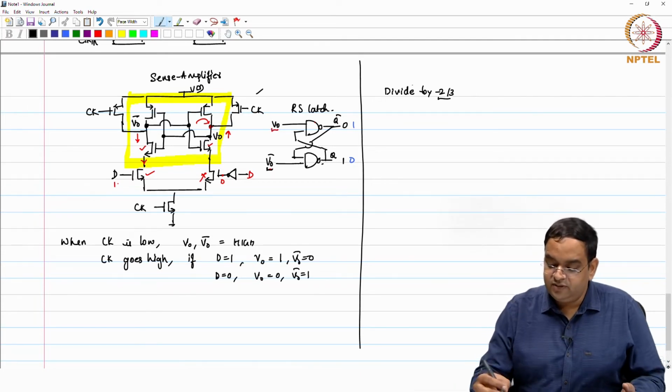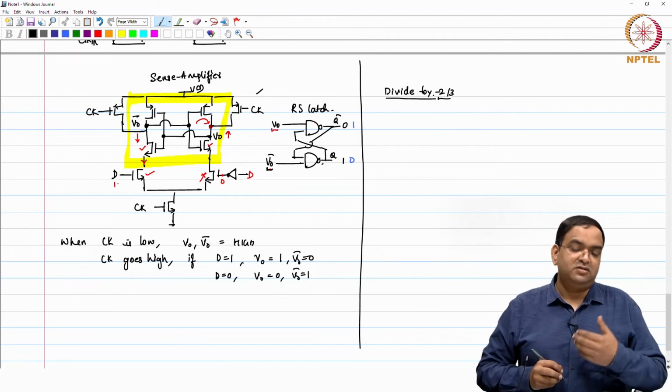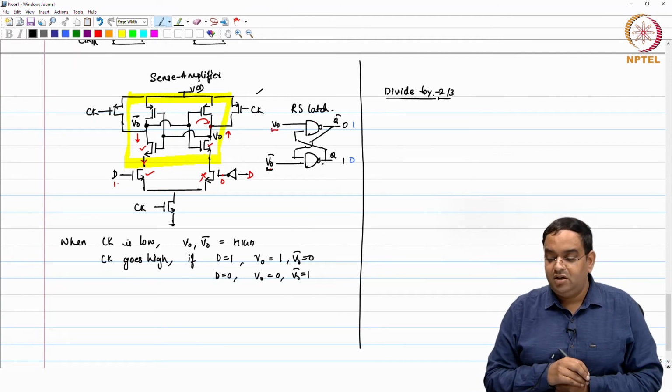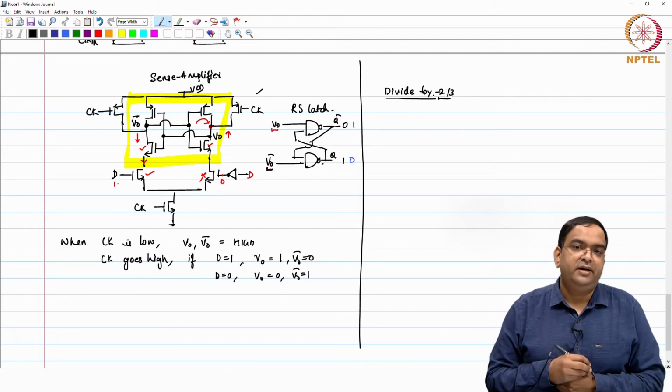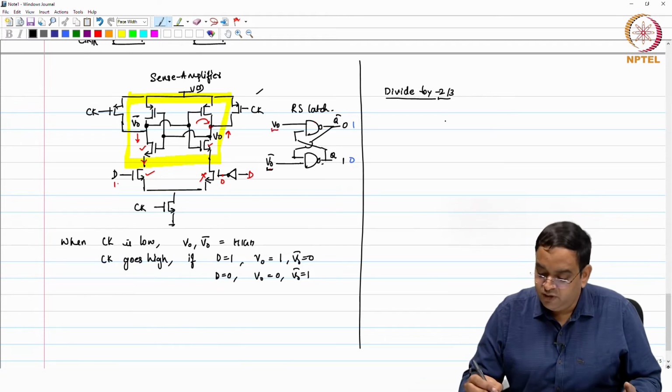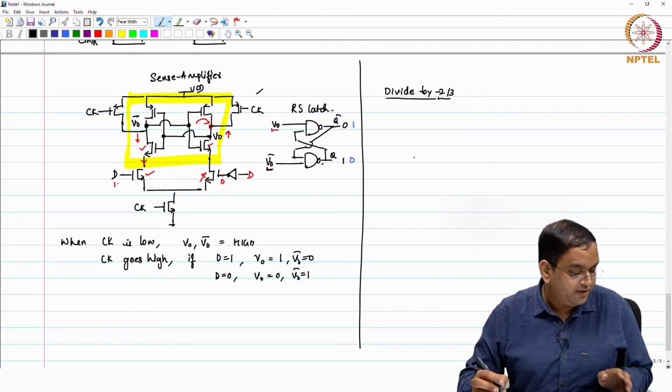So, let us look at this basic divide by 2 by 3. There is a lot of literature which you can read on how to cascade these divide by 2 by 3 circuits and how the frequency will change. So, we will look at the basic divide by 2 by 3 circuit.